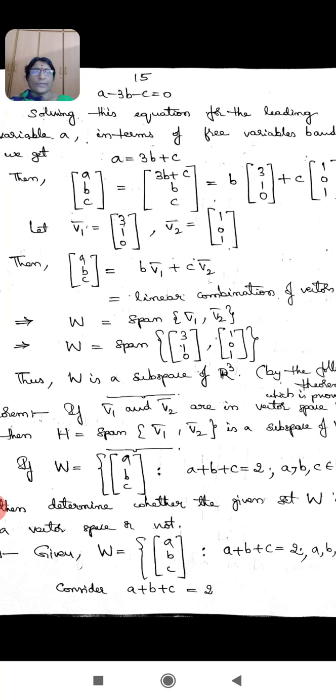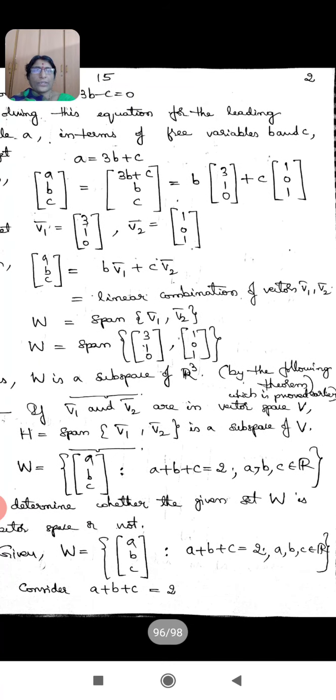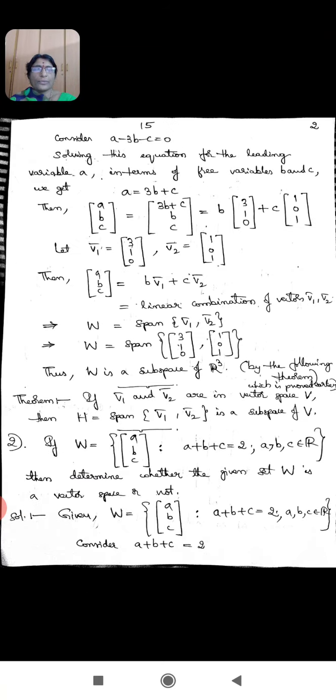If W is equal to the set consisting of the column vectors (a, b, c) such that a, b, c are real numbers satisfying the equation a plus b plus c is equal to 2, hence we can say that W is a subset of R3 because it consists of all the 3 by 1 column vectors satisfying the given equation a plus b plus c is equal to 2.